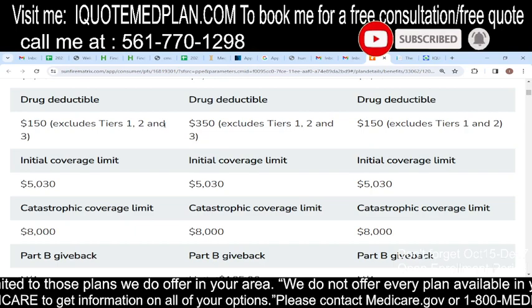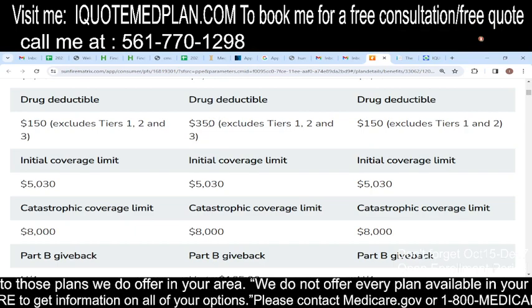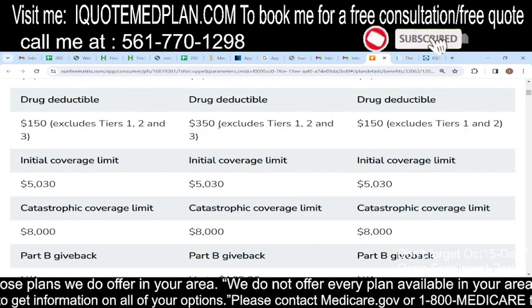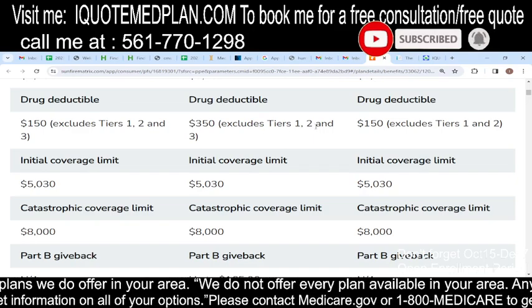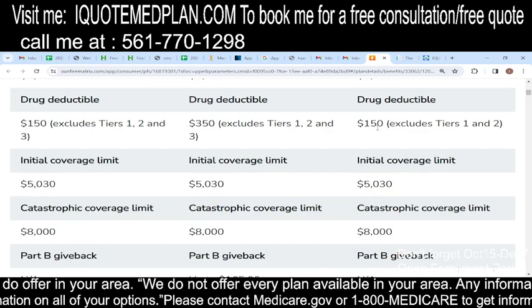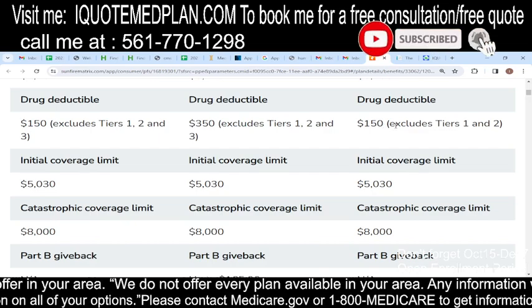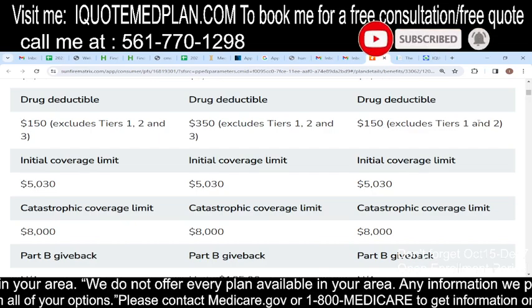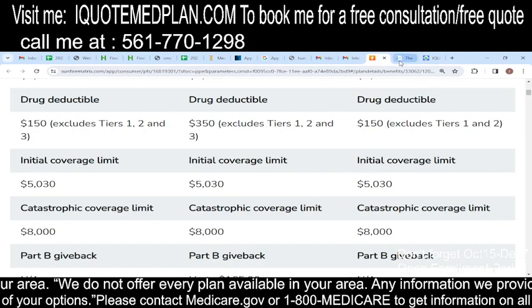This middle plan says $350 deductible, exclude tier 1, 2, and 3. And this third plan says $150 drug deductible, exclude tier 1 and 2. So this was a great example, I think.